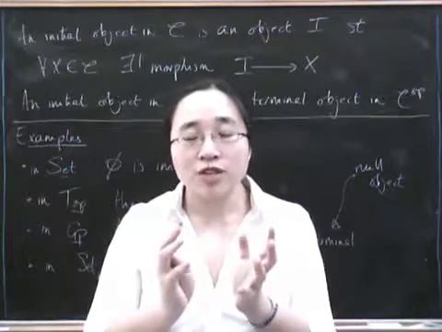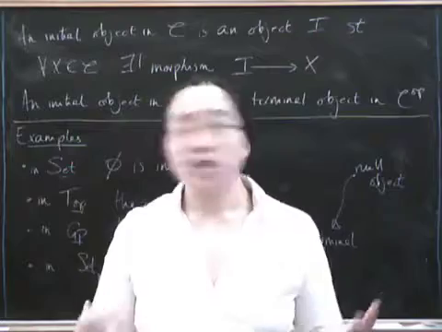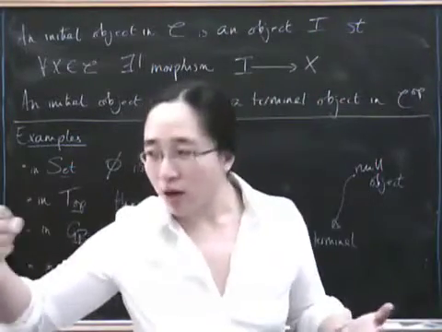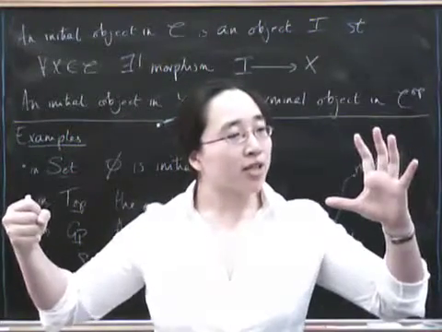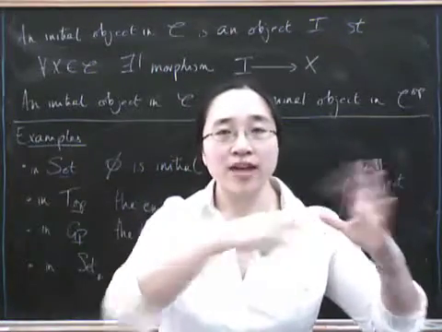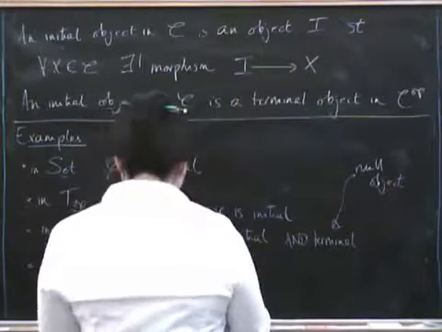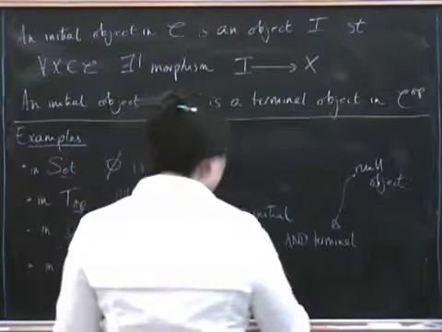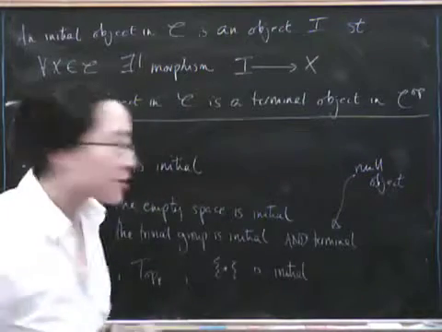So the smallest object you can have is the one with just the base point and nothing else, in which case it's initial, just in the same way that the trivial group was initial. Because if you've got a space with a base point and nothing else, if you try and map it to another space, there's only one thing you can possibly do, because the base point here has to go to the base point there, so you have no choice in the matter whatsoever. So the set or the space containing just the base point is initial, and indeed also terminal.